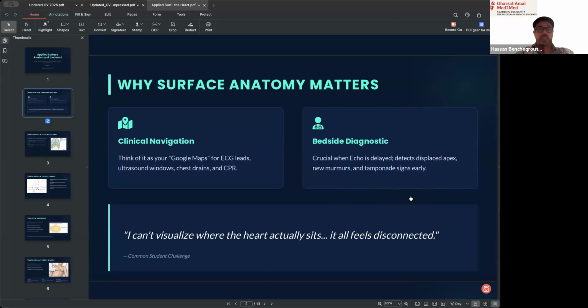This is not how the heart is. The heart is twisted, slightly rotated. That's what we call the heart axis. If I was to put a line between the heart tip and the heart top, we think about it as if it's held like this, but it's not. It's literally diagonal. So it's diagonal and it's twisted. That's what we call the heart axis.